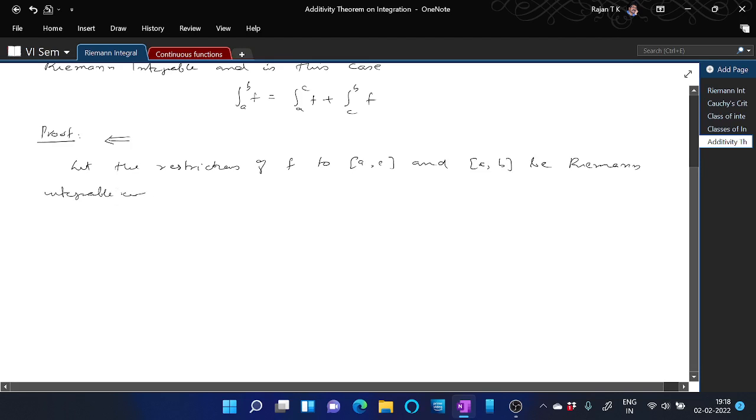with the integrals L1 equal to the integral from a to c of f and L2 equal to the integral from c to b of f.